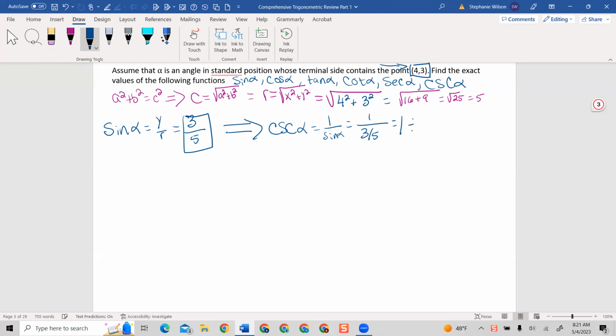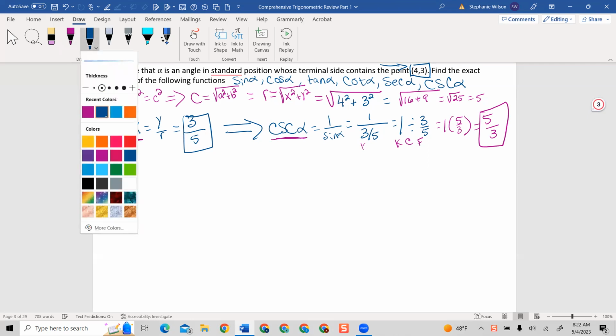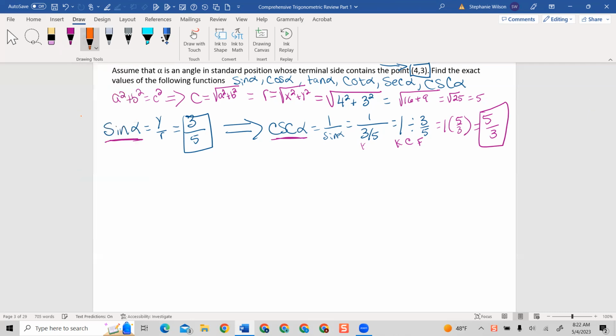I'm going to rewrite it: keep the first, change the operation, flip the second. Now I got 1 times 5/3, which is 5/3. If you notice it was the reciprocal, then you could just flip it. So we have what cosecant is and sine is. Let's find cosine.